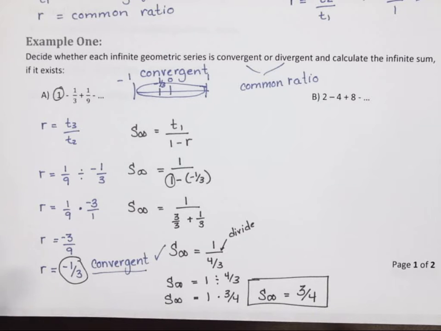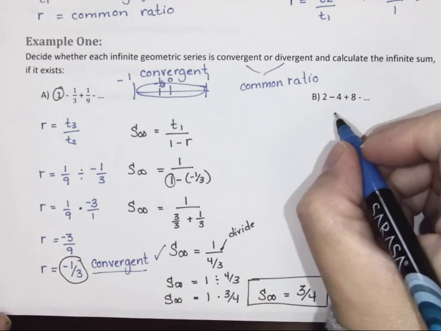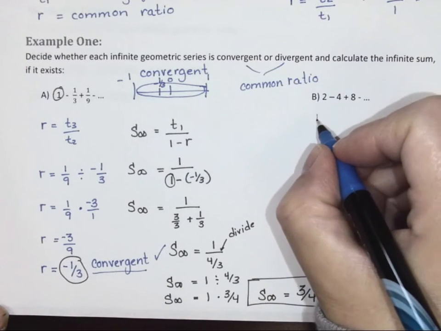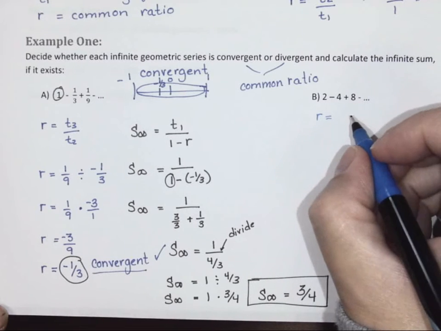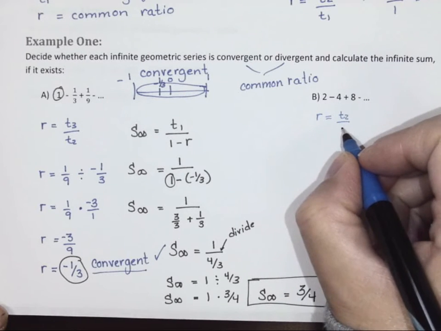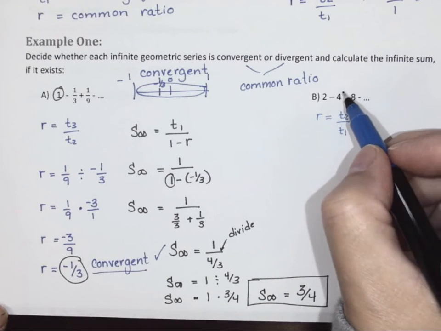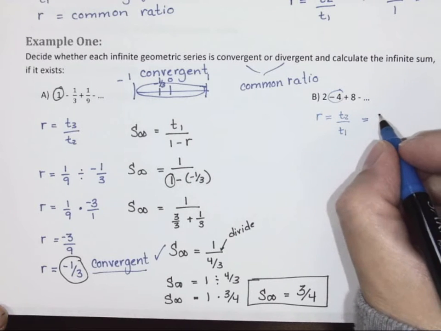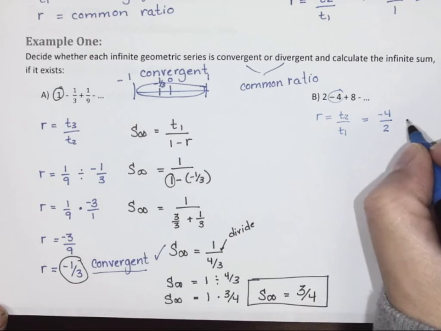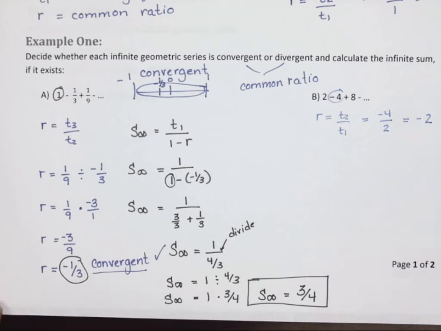All right, so looking at this example, I'm going to calculate my common ratio. So this time I'm going to take term 2 and divide it by term 1. You got to take the sign in front of it, right? So that's going to be -4 over +2. So that's going to be -2.